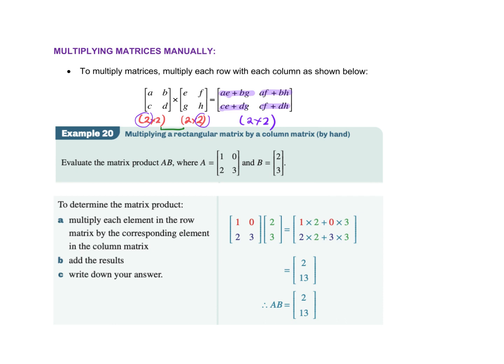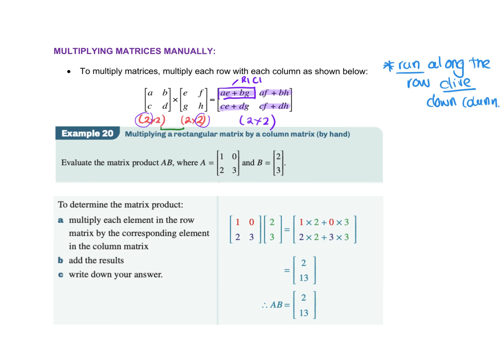Okay? What they often say when we are talking about manual multiplication is we run along the row, and they might say dive down the column. What that means is, when we calculated, say, this first element up here, this element in the answer is in row 1, column 1.